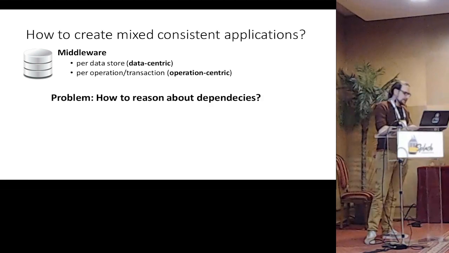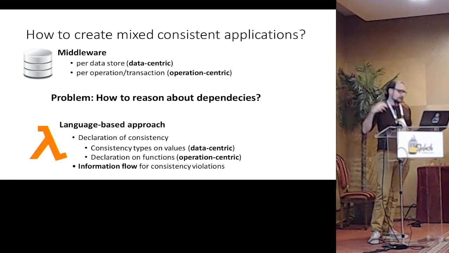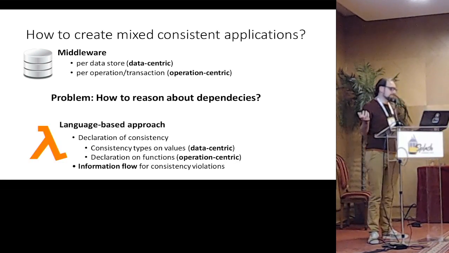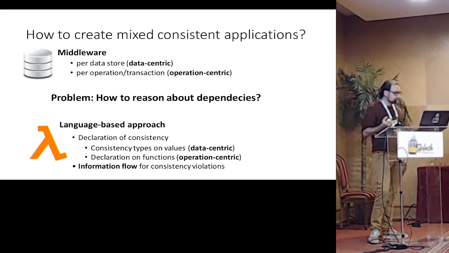The problem with that is you can't reason about the dependencies of the values in your program. That's why we are going to a language-based approach where you can actually track what you do with the values in your program and act accordingly.